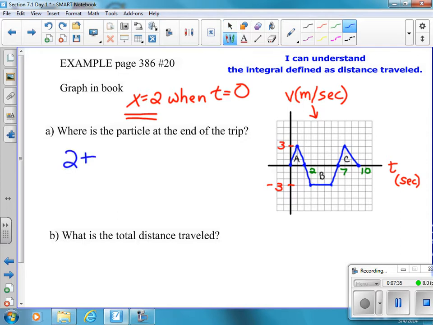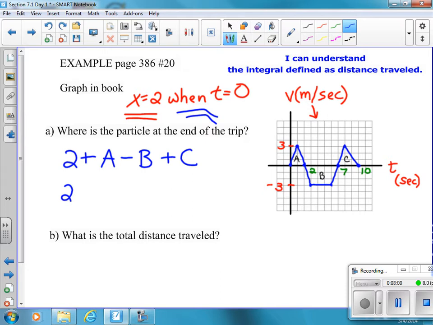Then we're going to add the areas of A minus the area of B plus the area of C, because A and C are above the line, B is below the line. So I've partitioned off the 3 areas into 3 different categories. So 2 again is our beginning position, and that was given to us in the problem.